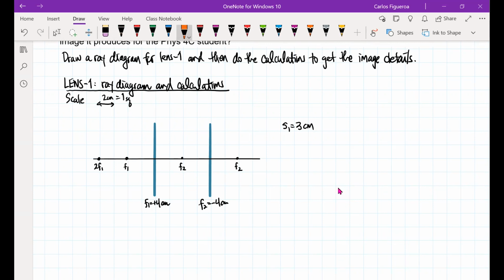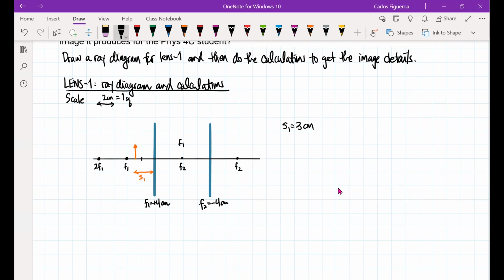If this is 2 right here, this is going to be 4, so my object is right here. The distance from here to here is S1. You have to be careful here because I called that F2 right there, but this is also F1.